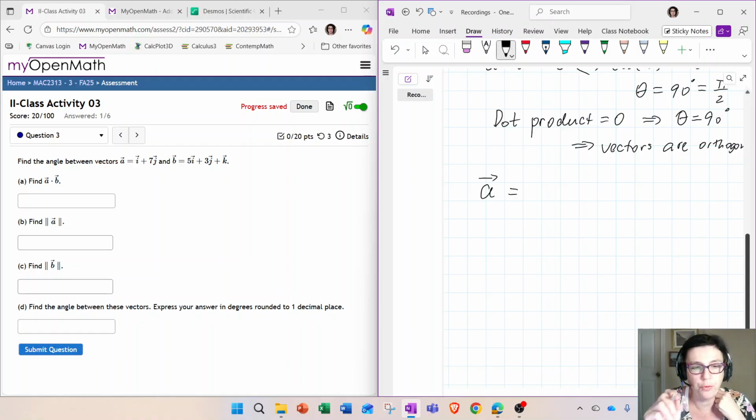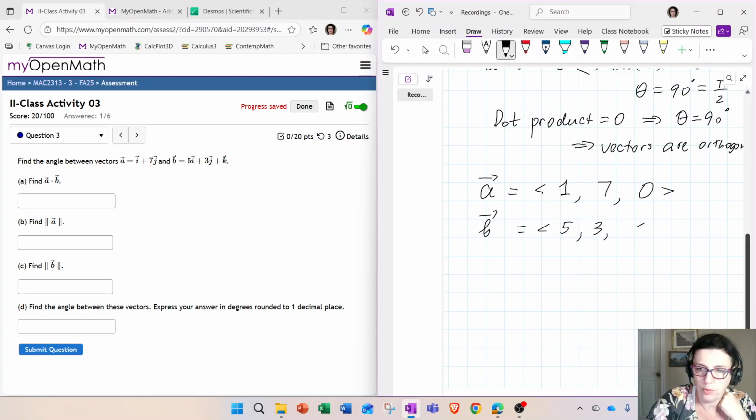Okay, and then you have to be careful which one is 0. So in this case, the coefficient of i is 1, which is going to be the first component, right? The coefficient of j is 7, and there is no k. What that means is that corresponding component in A is going to be 0. Okay, B is not that hard. That one is just 5, 3, and 1.